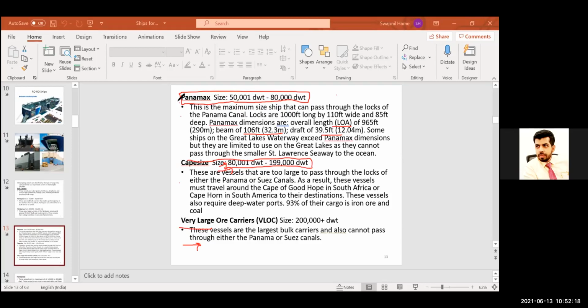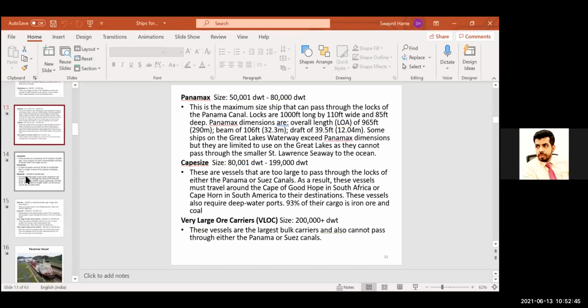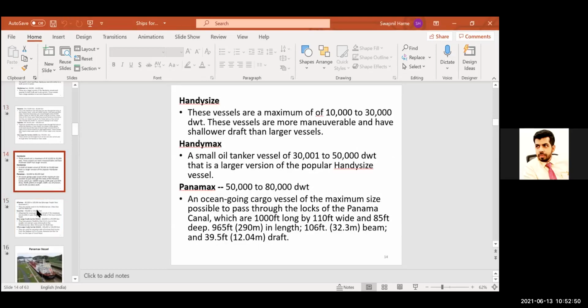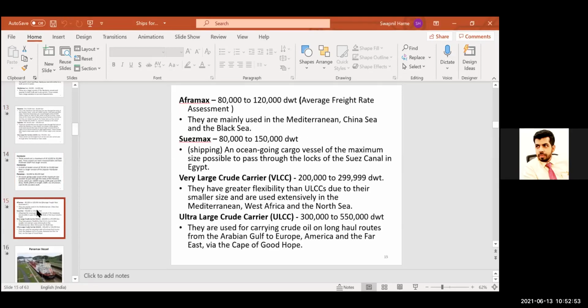Now there is something more than VLOC, termed ULOC, ultra large ore carrier, which is more than 4 lakh tons deadweight, maybe around 450,000 deadweight. ULOC is called ultra large ore carrier. That is even more than your VLOCs.